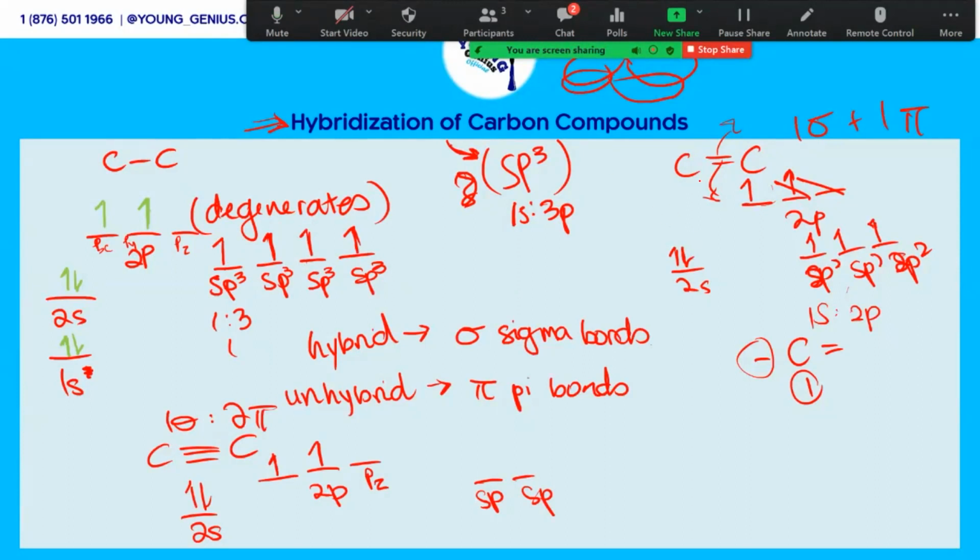In the case of the double bonds here, you'll have a 2s orbital mixing with only 2 p orbitals, right? So in that case, you'll get sp2 hybrids. And what that means is 1 s orbital mixes with 2 p orbitals to form 3 hybrid orbitals.